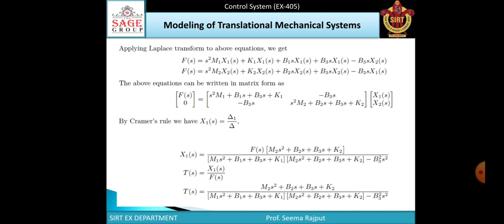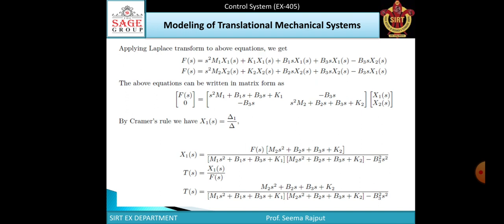Okay, for this we have to write the matrix form as F(s) and 0. For the equation of x1, what are the x1 coefficient terms? The x1 terms are s² m1 plus b1 s plus b3 s plus k1, and the x2 term is minus b3 s.